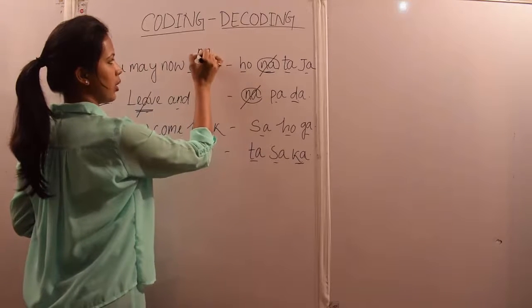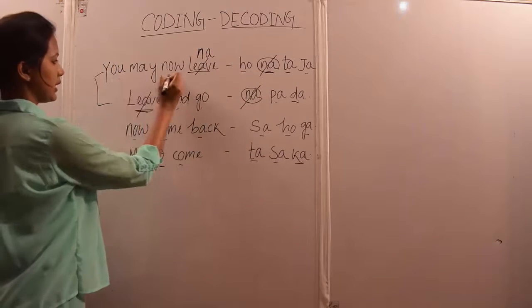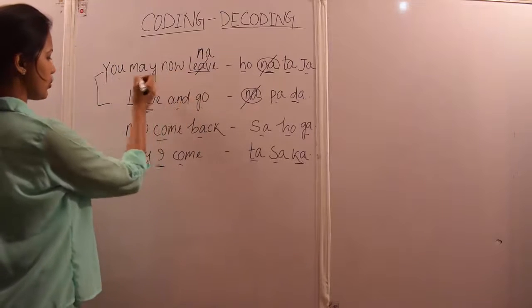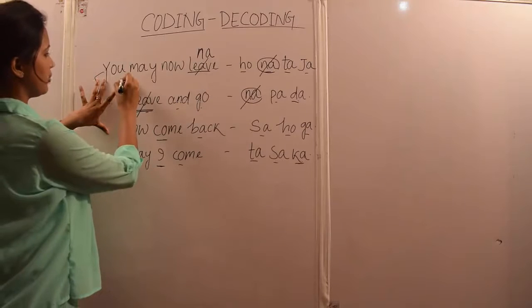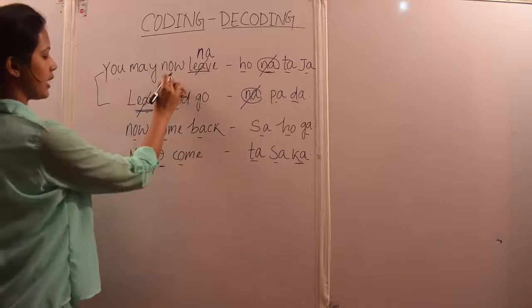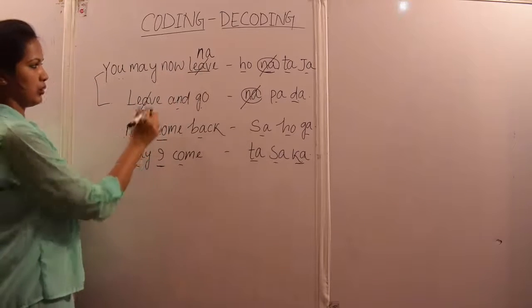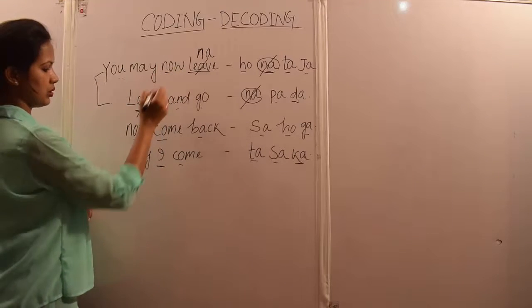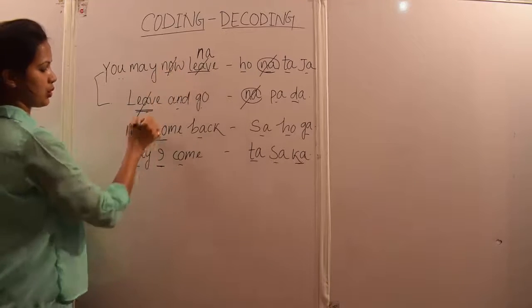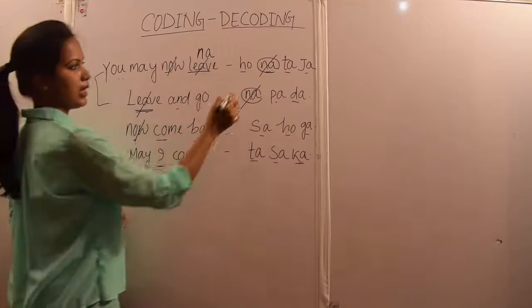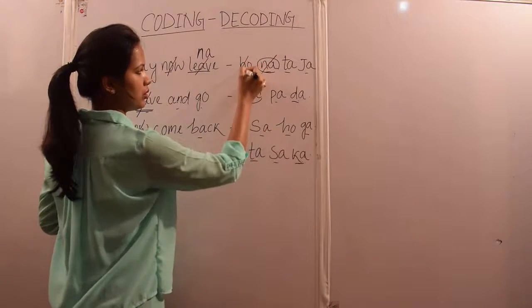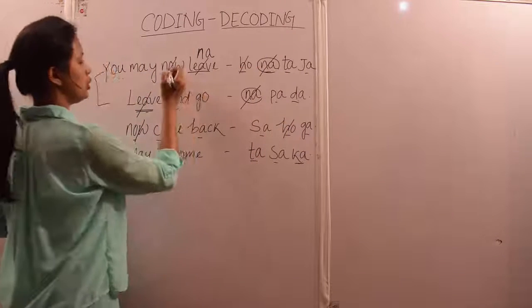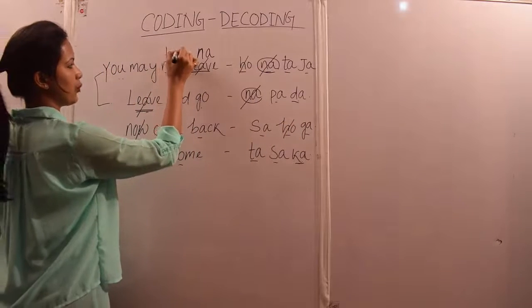Then the second and third sentences have no common word, so I compare the first and third sentences. The common word between them is now, so I cut this. The common code is ho, so the code for now is ho.